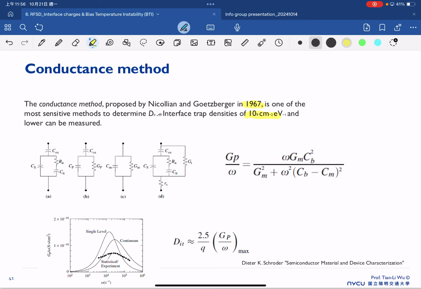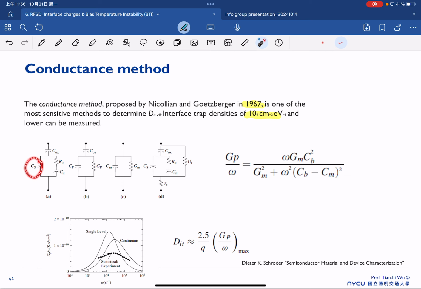So the idea of the conductance method is to consider a network, a very simple network that we treat as a MOS capacitance. We have the dielectric, which contributes our CX, and we also have the substrate capacitance.